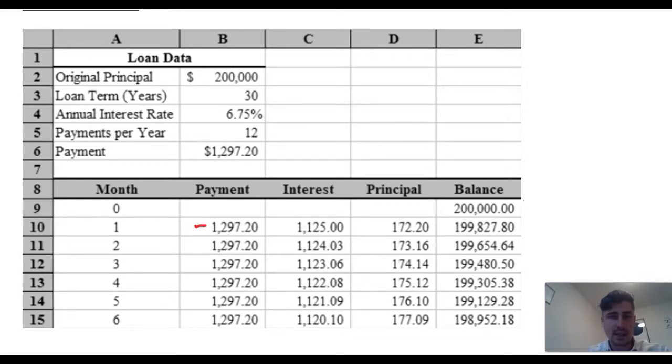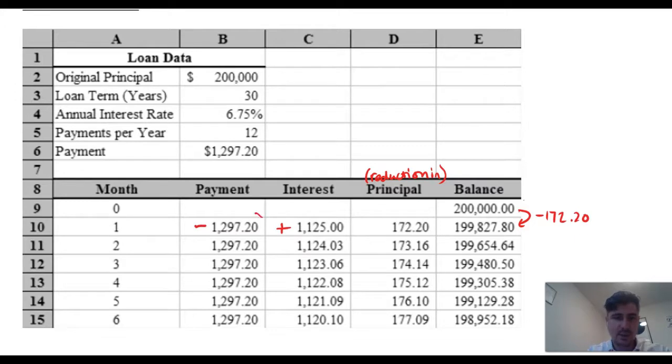Interest is calculated, that's added onto the loan. And so the difference between the two is the amount of principal reduction. So I'm just going to add here reduction in principal. And that's how much it's going down overall. And so you'll see from there to there, it should go down by 172.20.